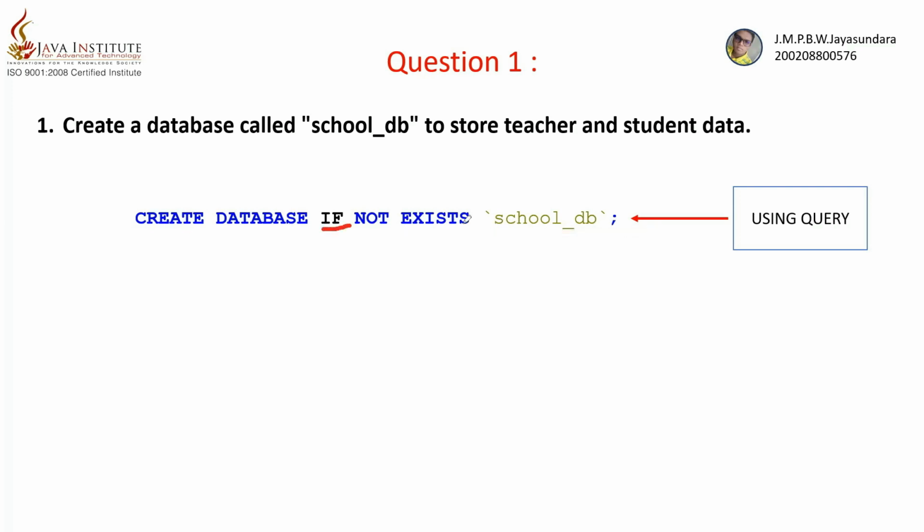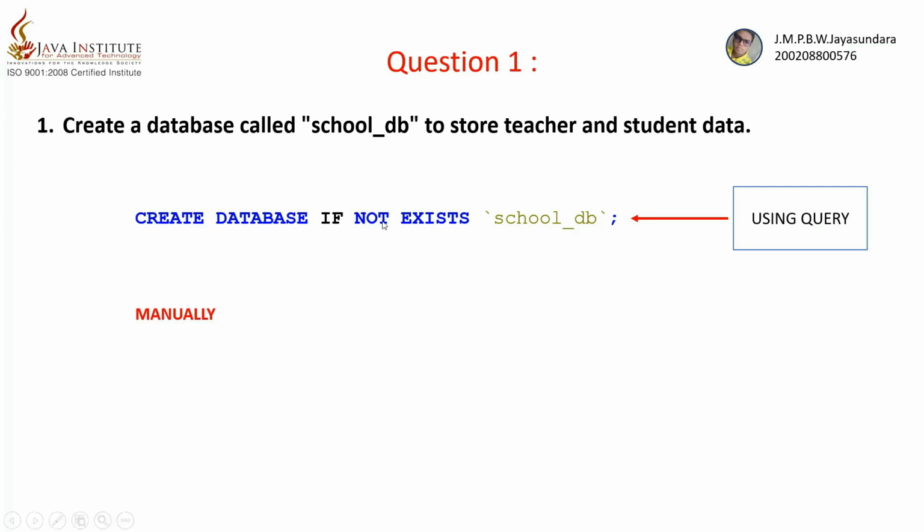What this if not exists means is that if a database named SchoolDB is already available in our database management system, then this query won't be creating a new database called SchoolDB, because it already exists. This query only creates a new database if that database is not already present in our system. So our next one is using the manual method.